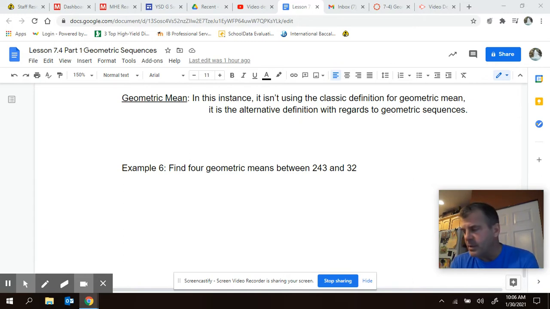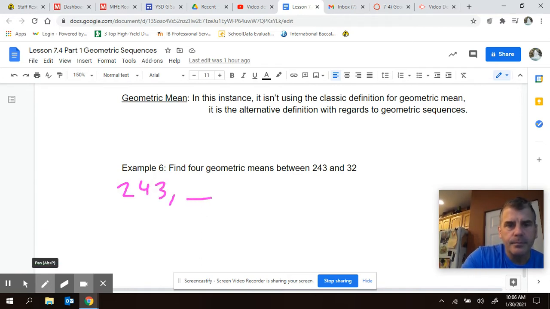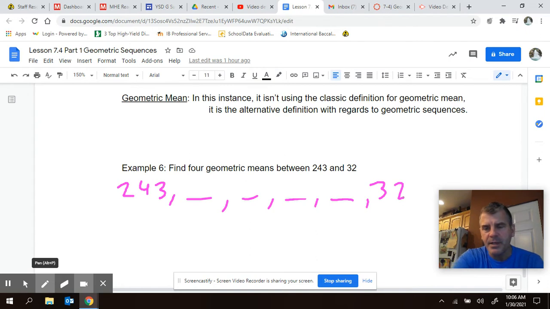You can use the explicit formula, the basic form of explicit formula, to solve this problem. Based on what they give us here, they're telling us we have four numbers between 243 and 32. So they're referring to each of these missing numbers here as geometric means.